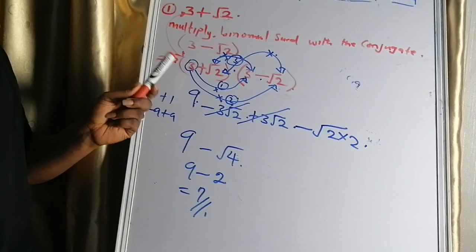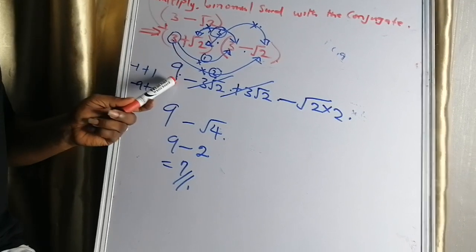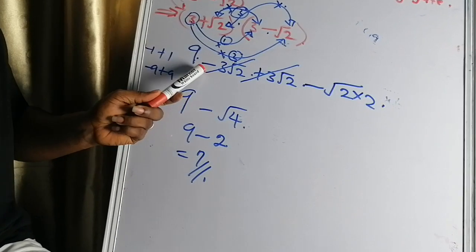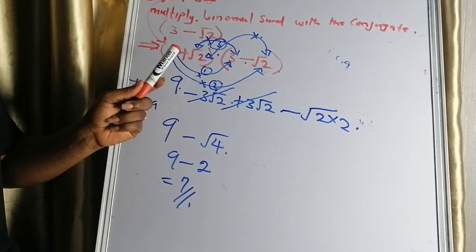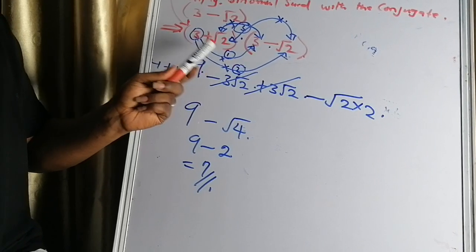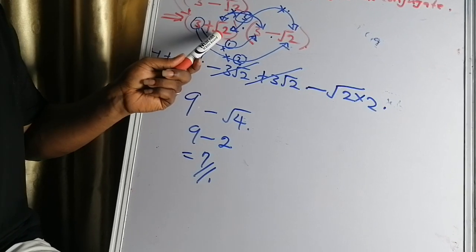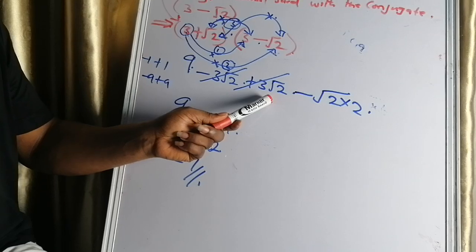And if you are multiplying, don't forget that was why I wrote it. Step 1: 3 times 3, 9. Step 2: 3 times minus root 2 will give us minus 3 root 2. Step 3 will now be plus root 2 times 3, which will give us plus 3 root 2.